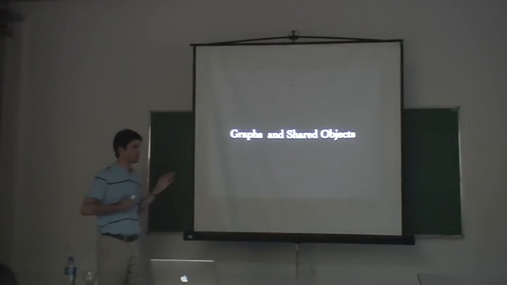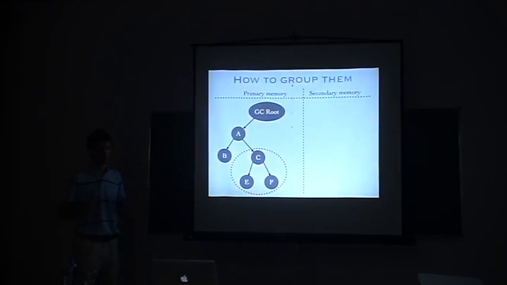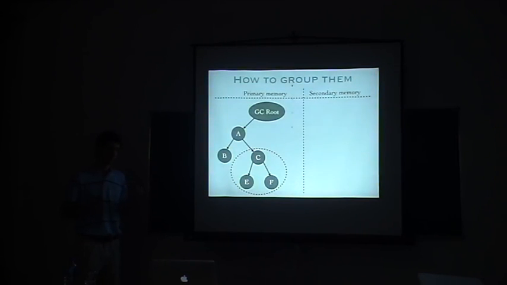And the last section I want to talk about, which is the most complicated, but I won't go into details. If you're interested in the topic, you should read the paper. But here is an overview of the paper. So my idea is to be able to swap out graphs. Because if I have a graph, I could say, for example, that I want to swap all these subgraphs C, E, and F, because imagine three of them are unused.